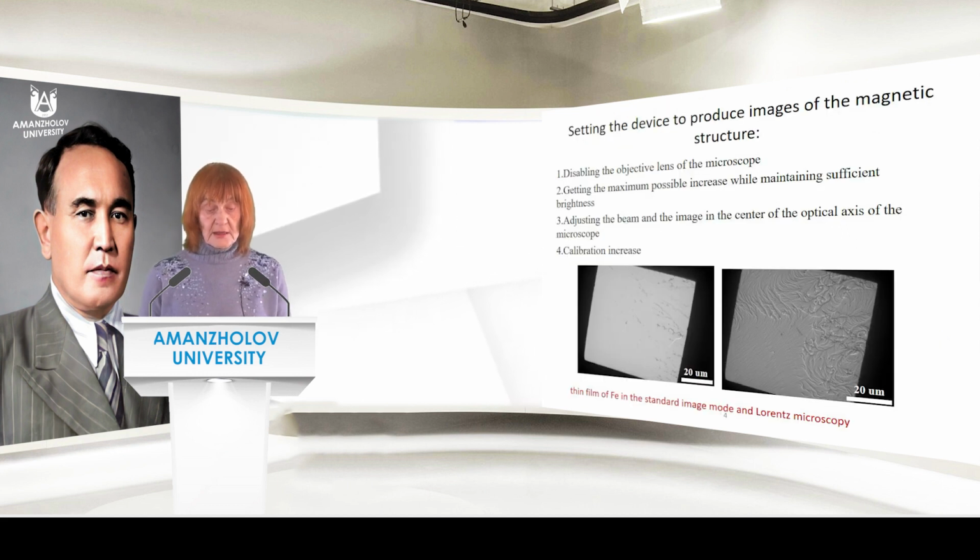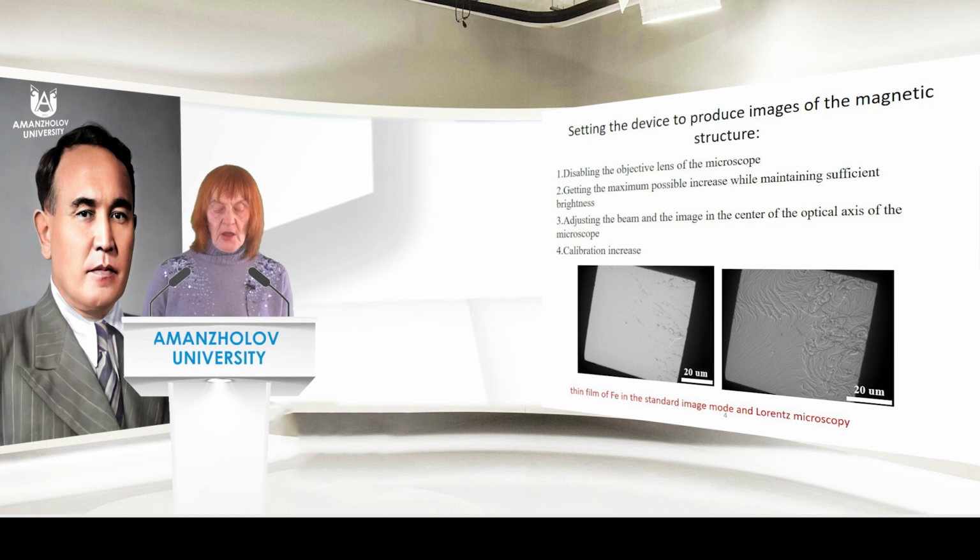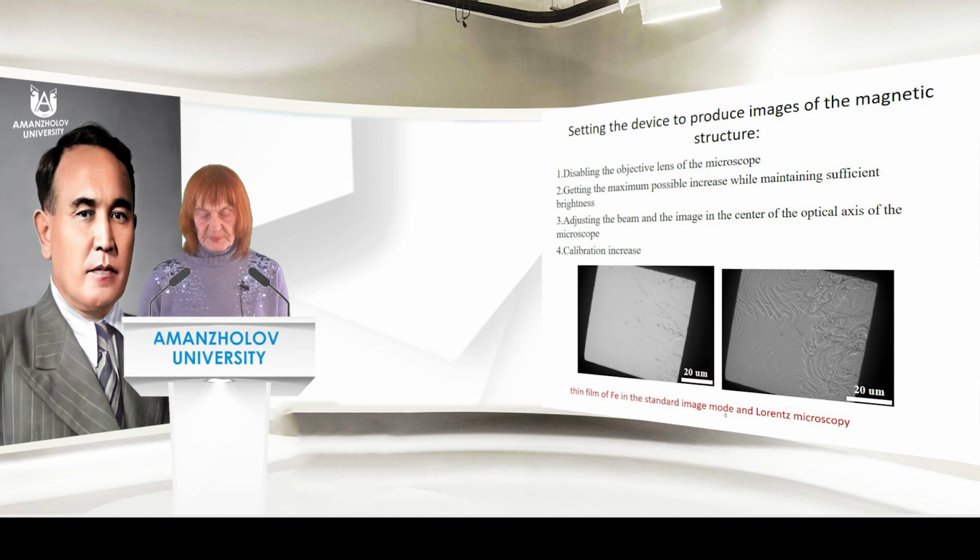Since the electron beam deflection has different directions in adjacent magnetic domains, the electron beam transmitted through the magnetized sample is split into several parts. This split can be directly observed on the low-angle electron diffraction patterns for both direct and diffracted beams.